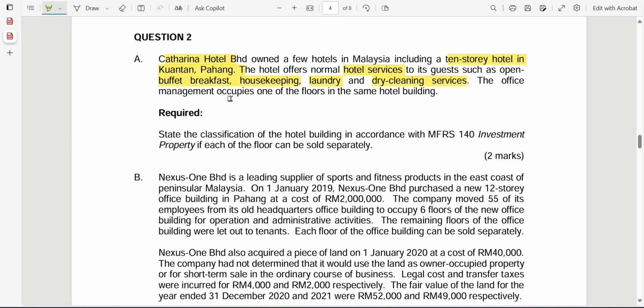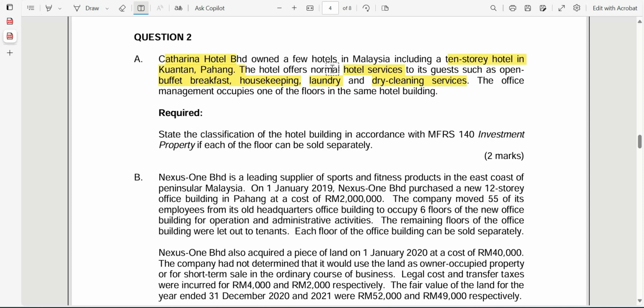So the management occupies one floor of the building out of the 10 stories, that is the owner occupied portion, which means that the remaining 9 stories are the portion used as hotel. You are asked to state the classification of the hotel in accordance with MFRS 140.